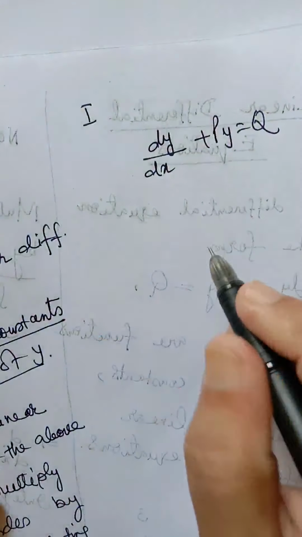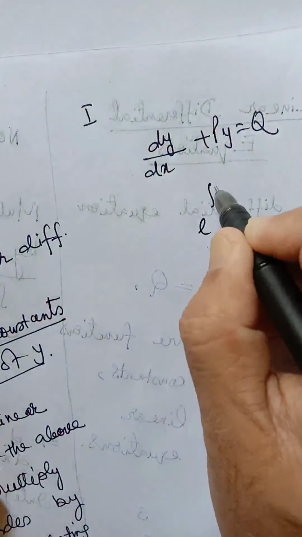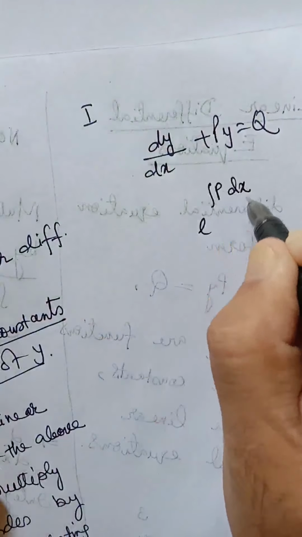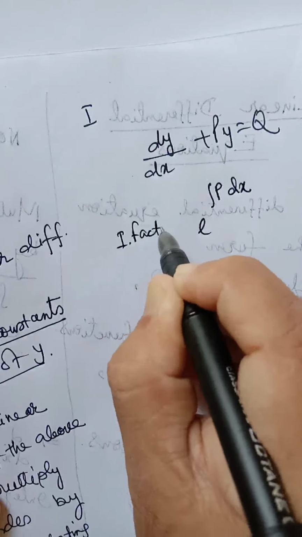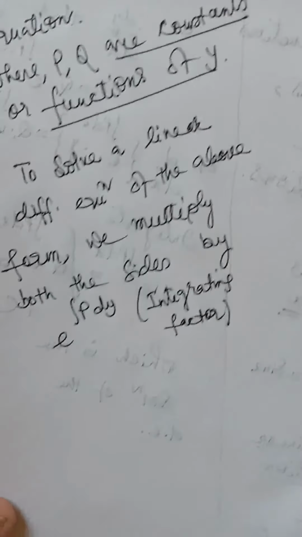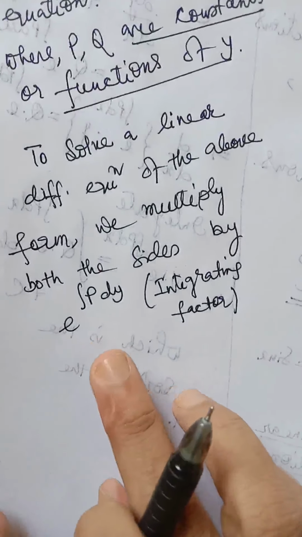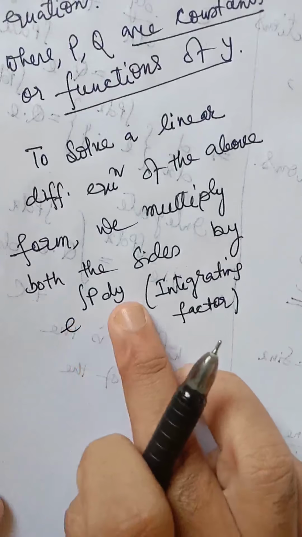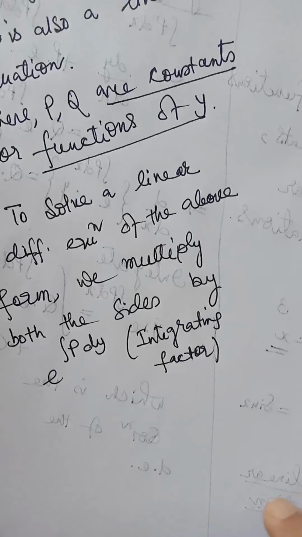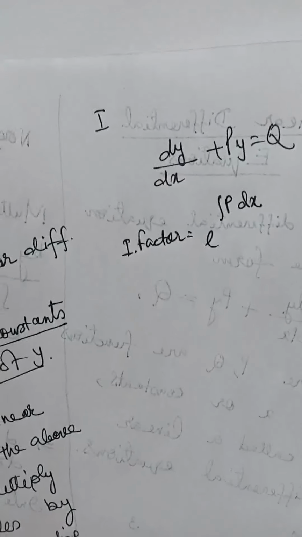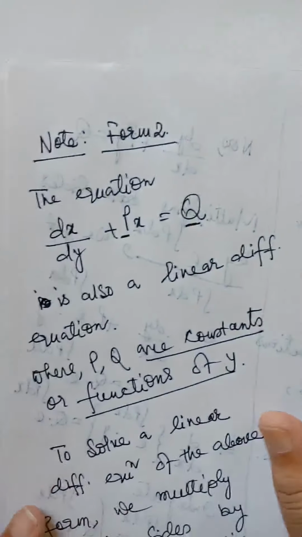To solve form 1, we multiply both the sides by e to the power integration of p dx, which is the integrating factor. And in form 2, the integrating factor is e to the power integration of p dy. So this is the difference. Okay, so we have two different forms of linear differential equation, first form and second form.